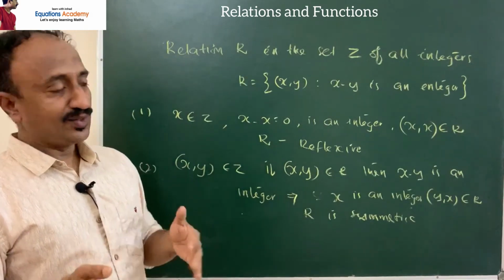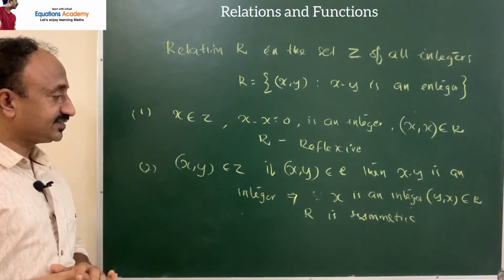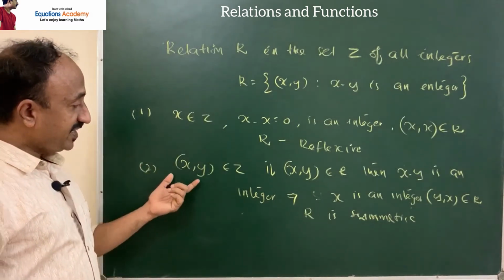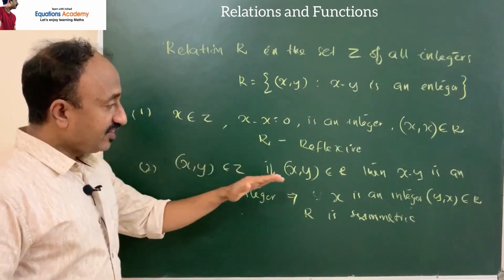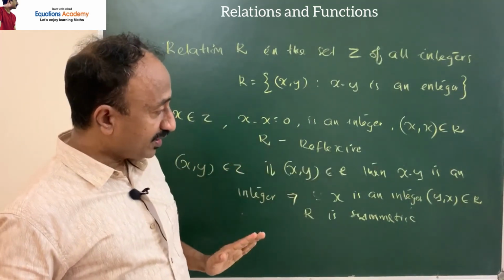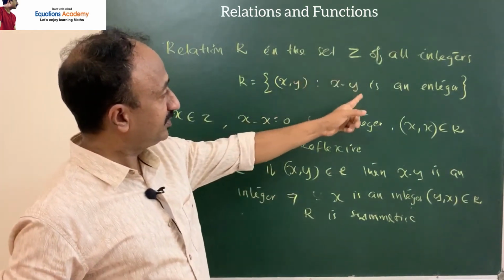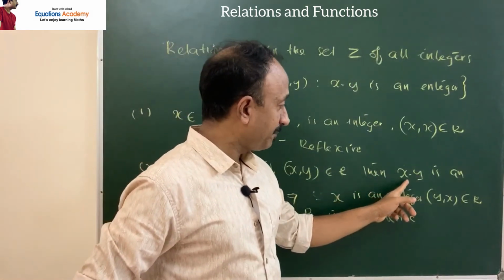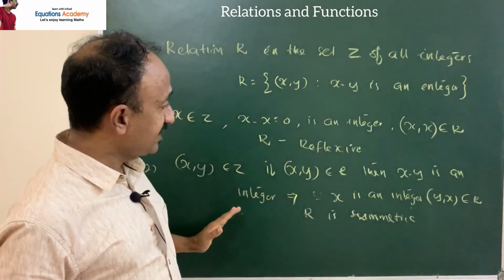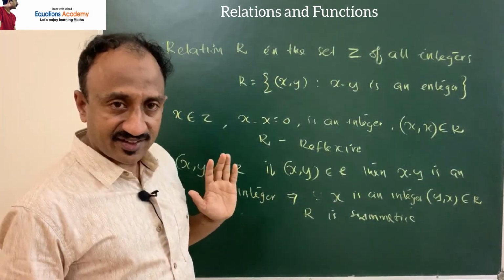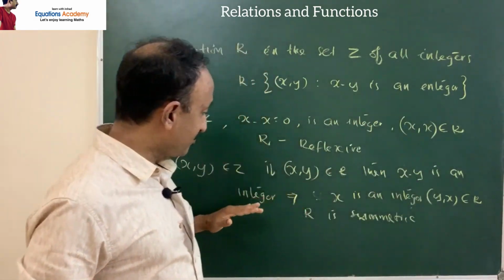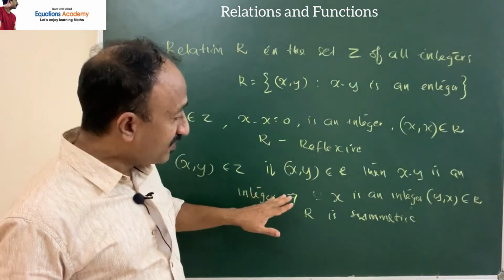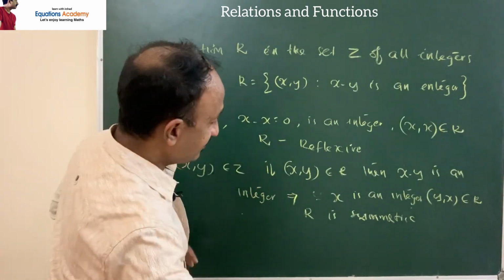Clear? Now, we will check whether it is symmetric or not. For every (x, y) belonging to the set of integers Z, if (x, y) belongs to R, then according to the definition, x minus y is an integer.